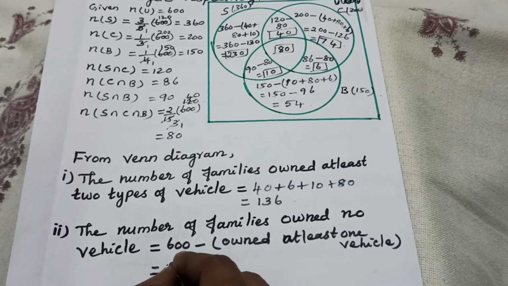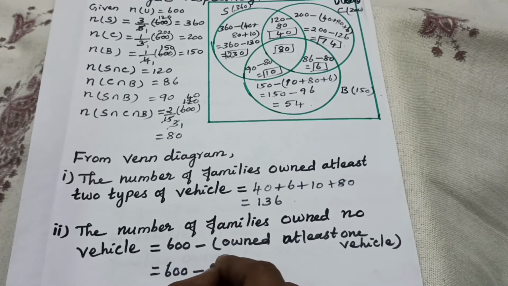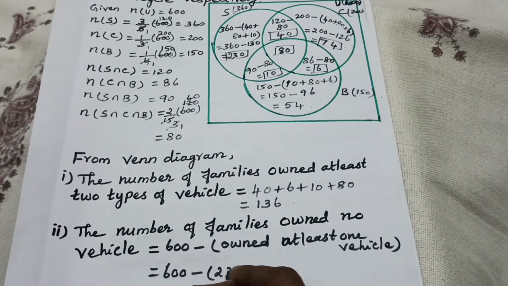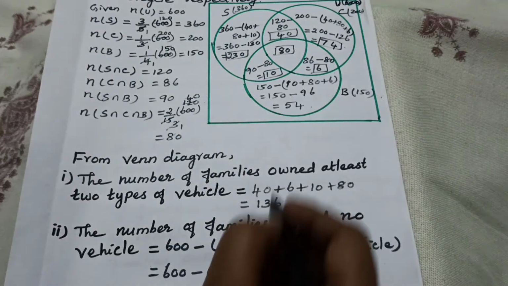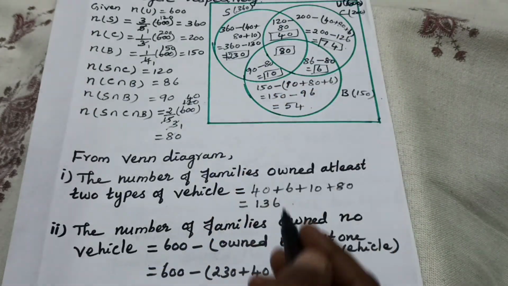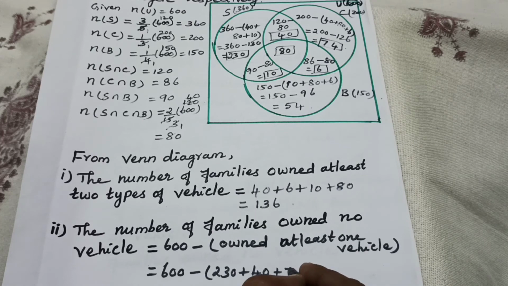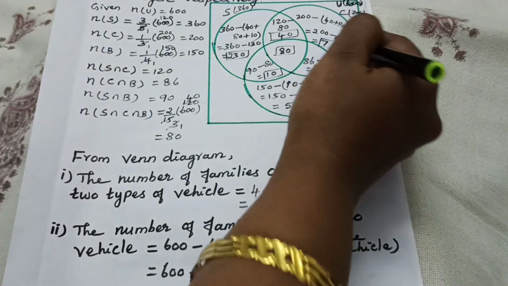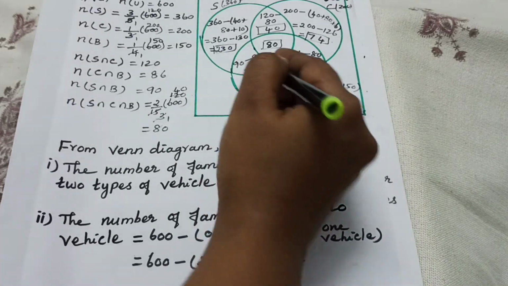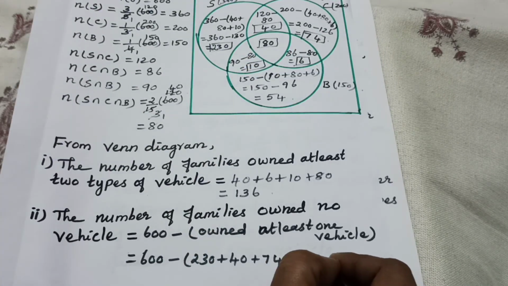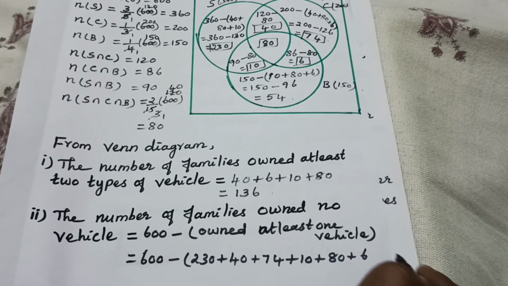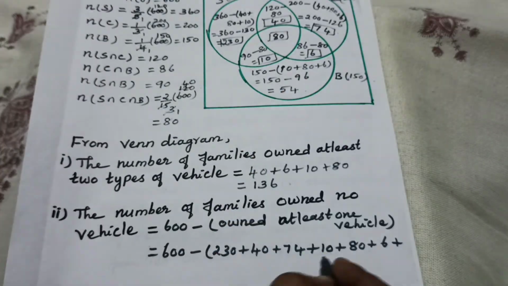Okay, then here 600 minus, then one by one, say 230 plus 40 plus 175, 74, isn't it? 74, then this 10, 80 plus 6 plus this 54.